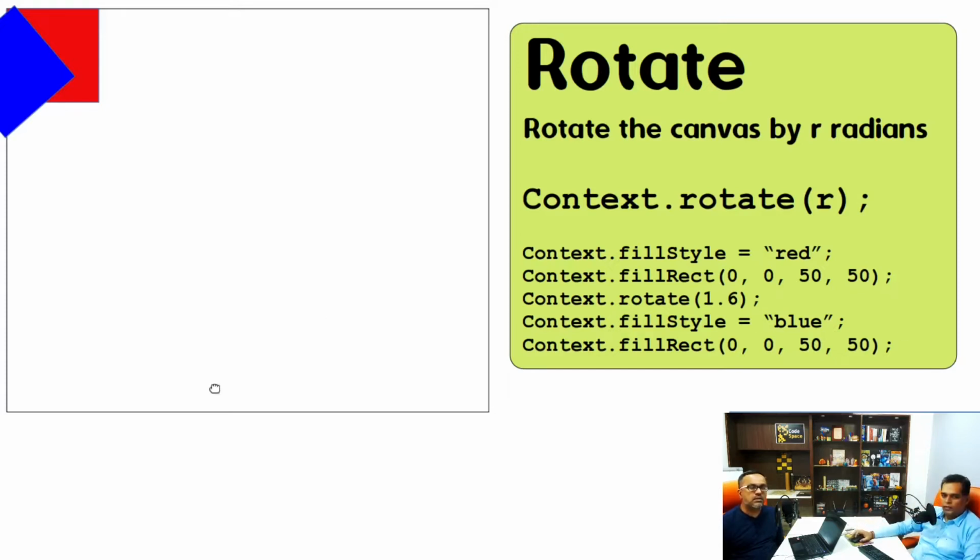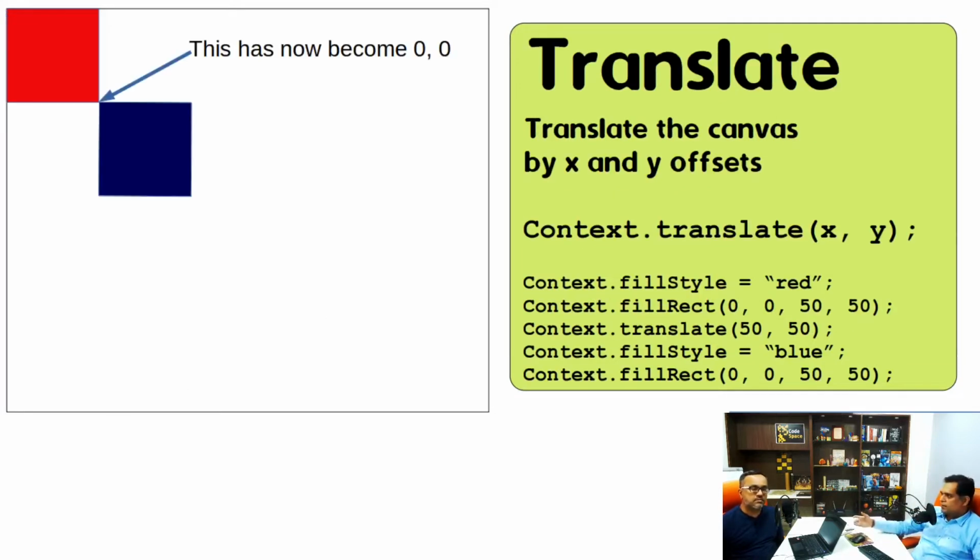And then there is translate. One way of explaining translate is offsetting the canvas's 0,0 location. If I translate by any x, y, that x, y would become its new 0,0 position. So if I draw a red rectangle at 0,0, it will draw a normal regular red rectangle.